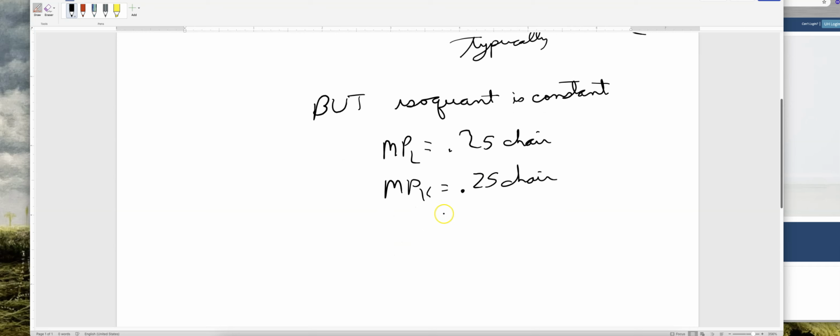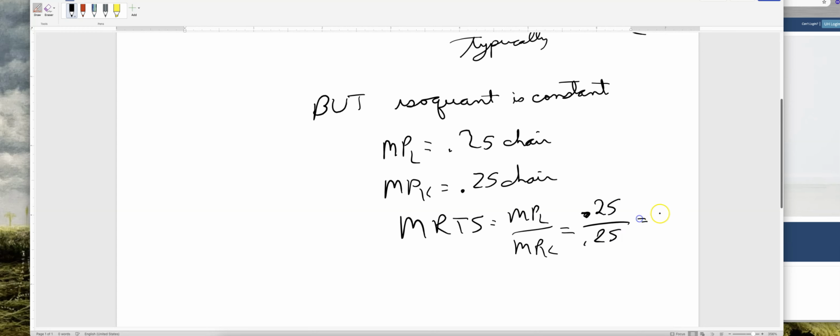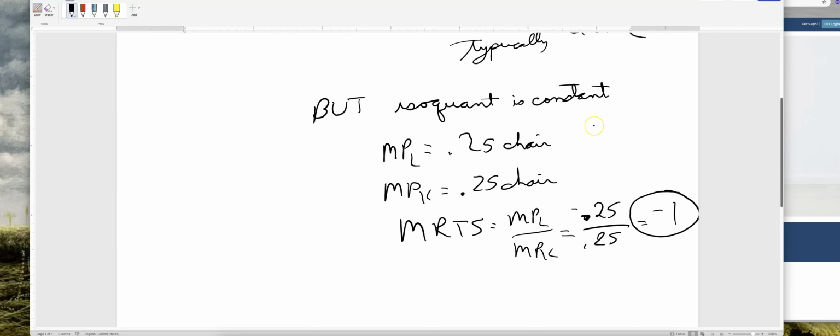So what that means is that in terms of the marginal rate of technical substitution, which would be MPL over MPK, would be -1.